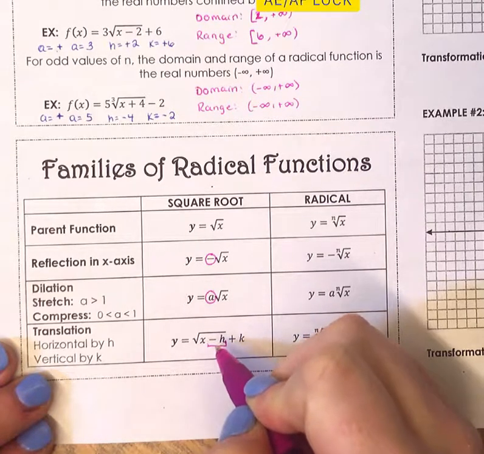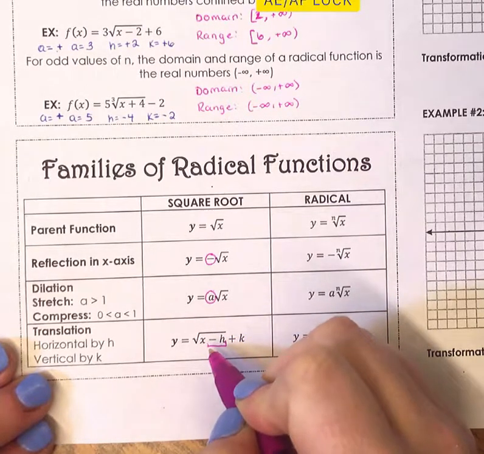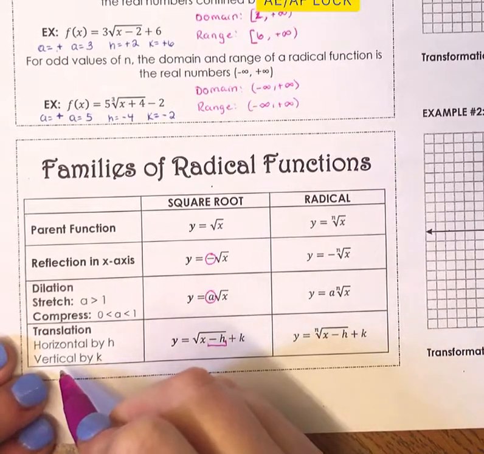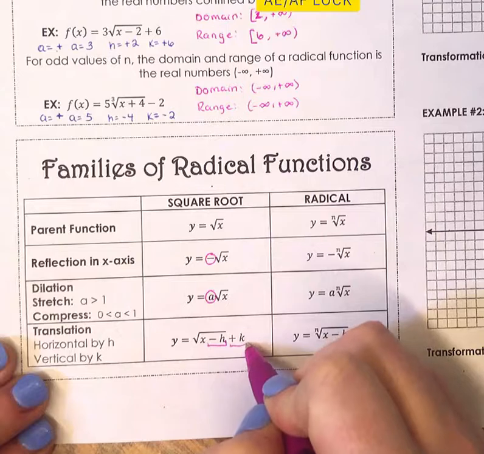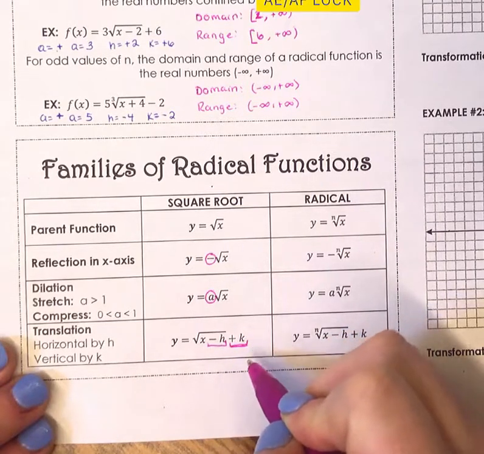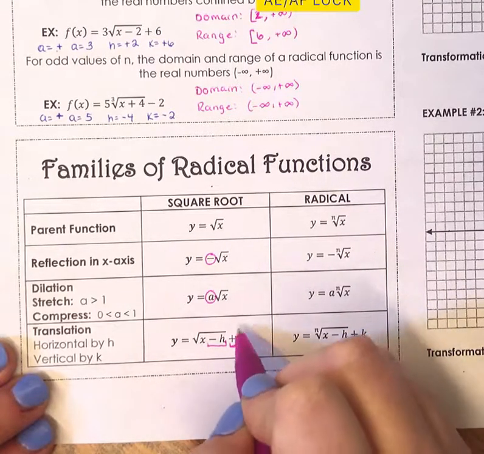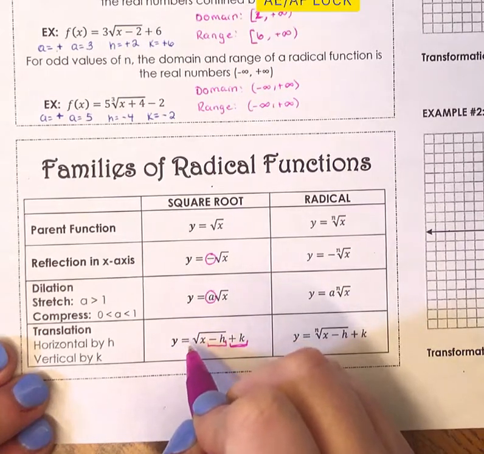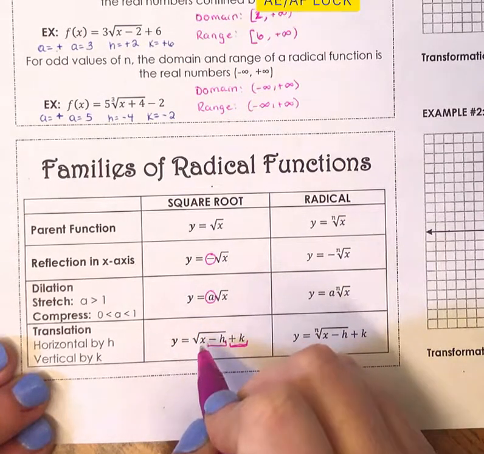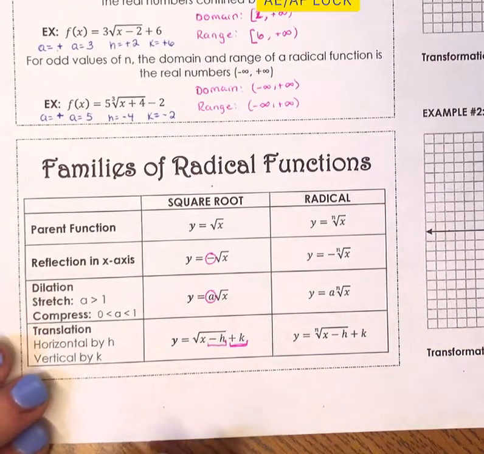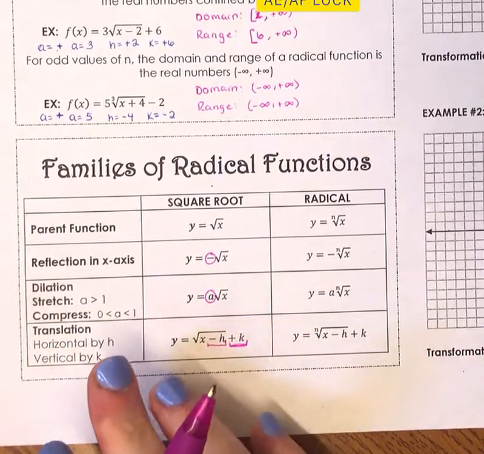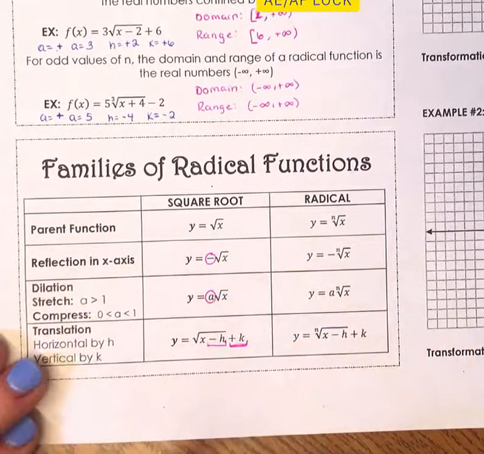We want to know what will make that equal to 0. You will also translate vertically, so up and down, by the k value. So you're going to keep whatever that k value is, whatever you've added or subtracted. Even if the k value is added or subtracted to the front of the problem, you need to make sure you understand which one is your h, which one's your k, and which value is your a. And these are the vocabularies and the transformations of radical functions.